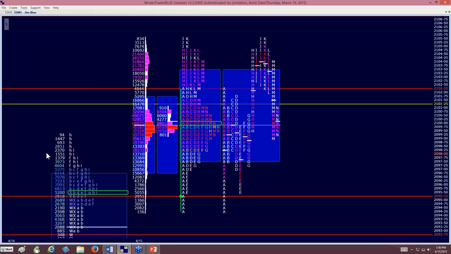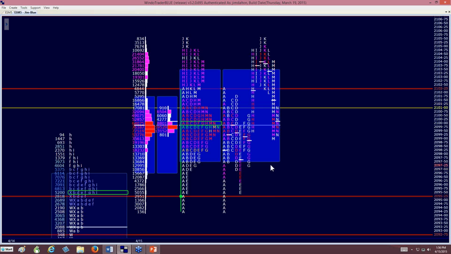You'll see J only takes out I by 1, K only takes out J by 1, L only takes out K by 1. So you start to say, well, it's technically one time framing higher, but you also have to recognize the context, that it's sliding lower. They're buying automatically off the early morning high in A period, and it just requires some context there, and I'll hand it over to you with that, Jim.